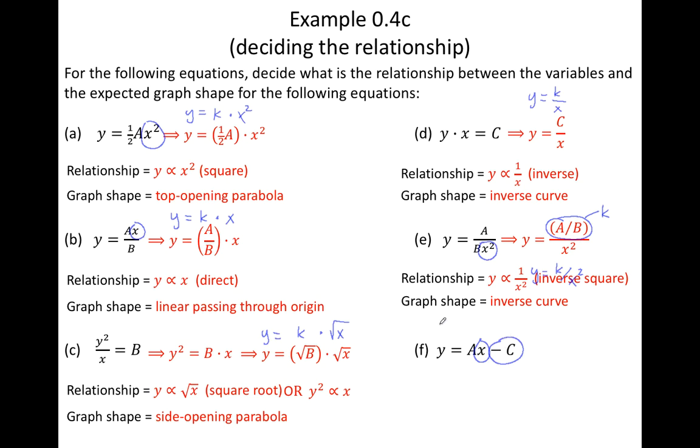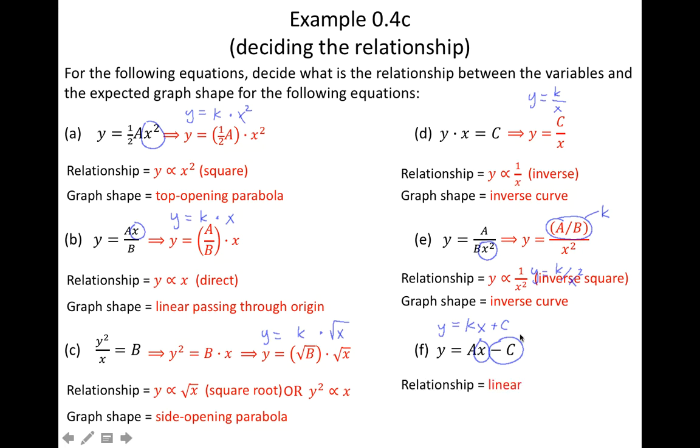So that is going to make this a linear relationship. And you can see that this matches up with the general form for a linear relationship, where we have y is equal to k times x, and then plus some constant. Here it's minus c, but the general form is plus some constant c.